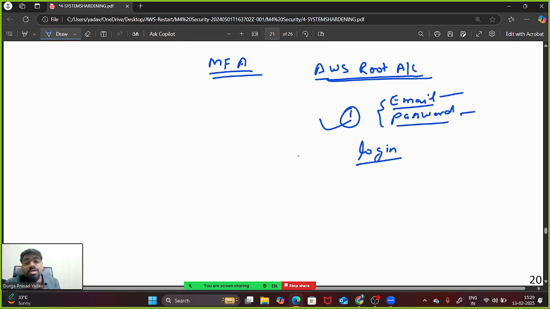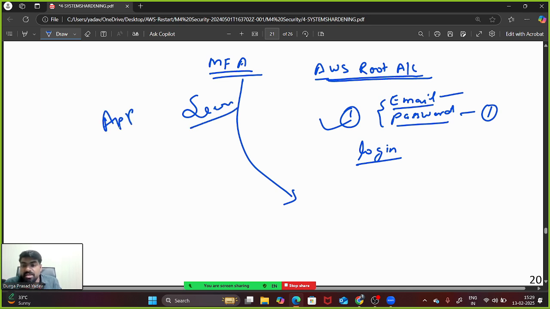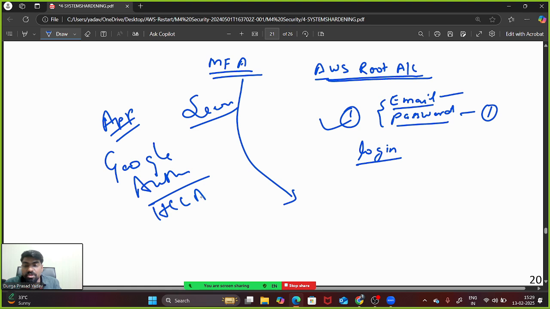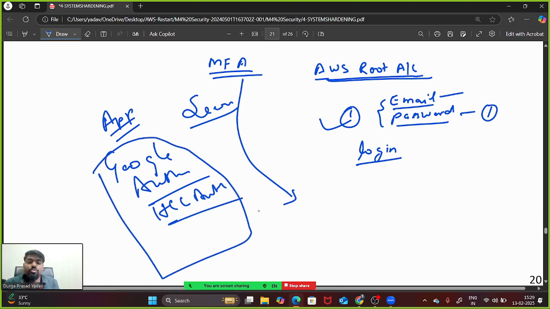So what we will do is bring another factor. The password will be the first factor. The secondary factor here will be the multi-factor authentication application. You will be using some application, let's say Google Authenticator, or HCL has their own authenticator, or so many companies have so many authenticators. You will use any authenticator and set it up first into the login.